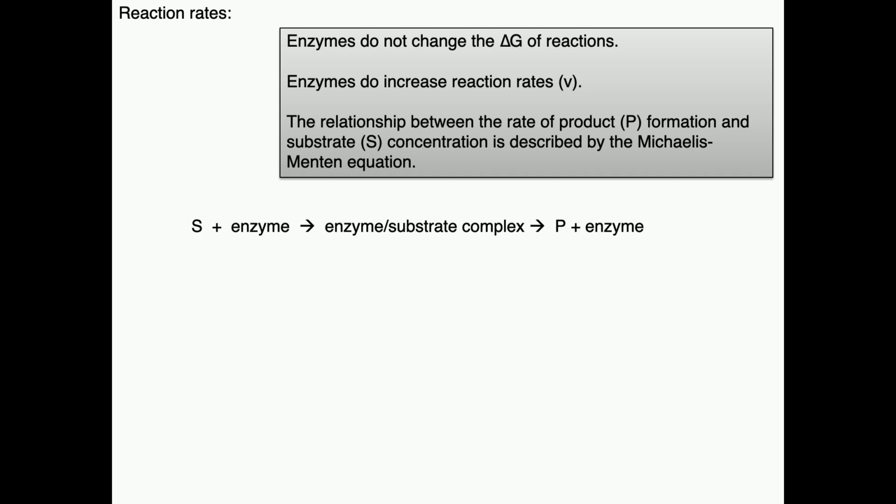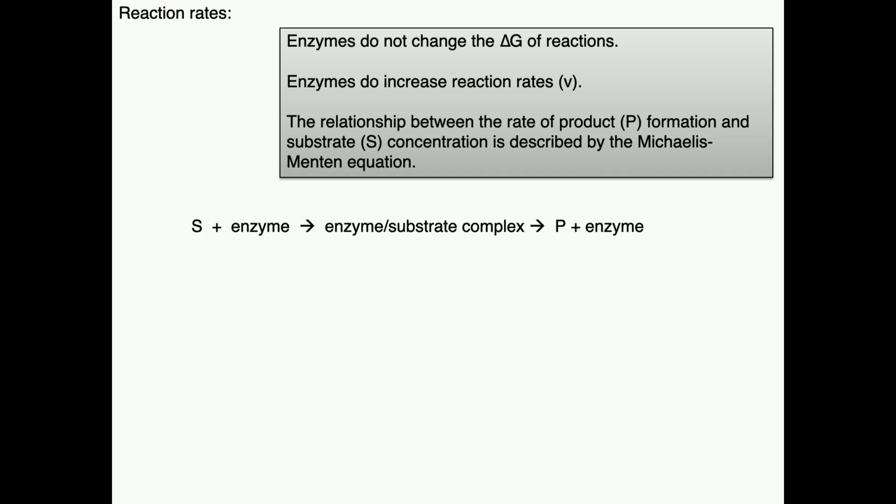Okay, so if the reaction is going as shown here, the velocity of that reaction is going to depend primarily on the relative concentrations of the substrates, and if there's more than one substrate, it'll depend on the concentration of each substrate and how much enzyme is there and the intrinsic activity or efficiency of that enzyme.